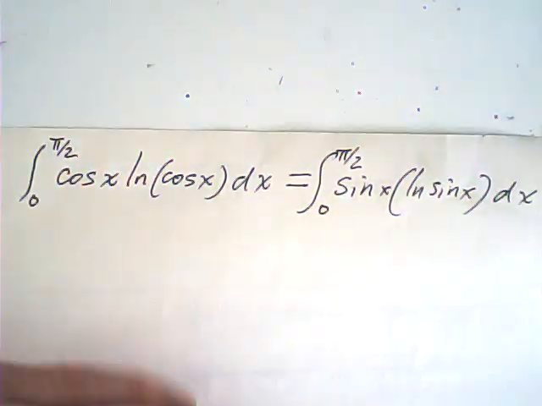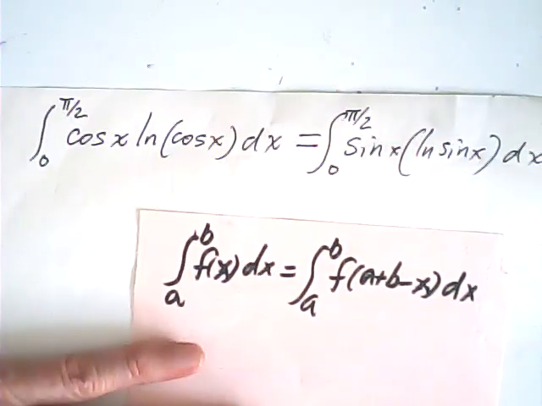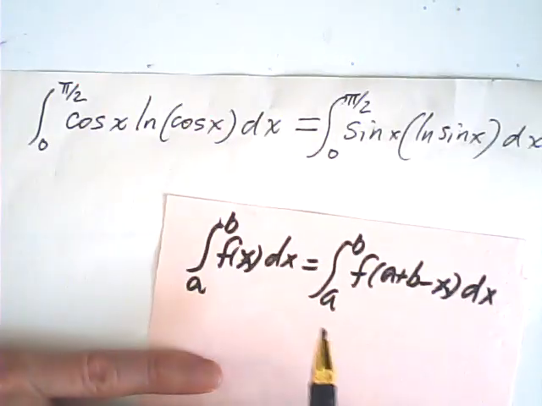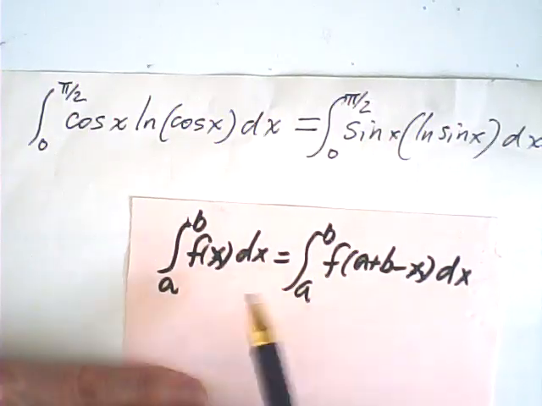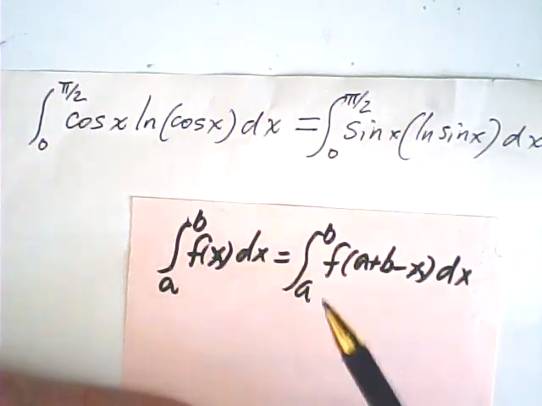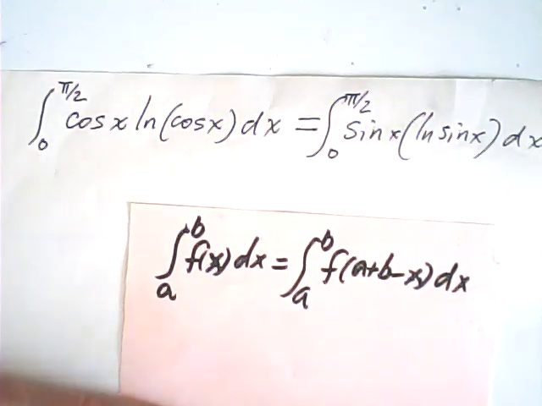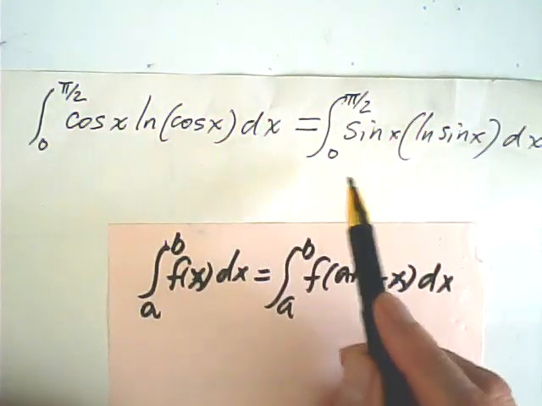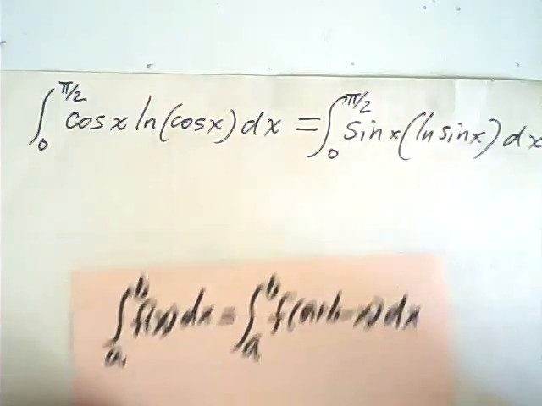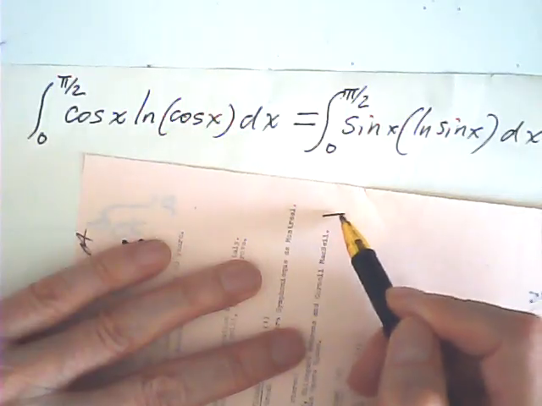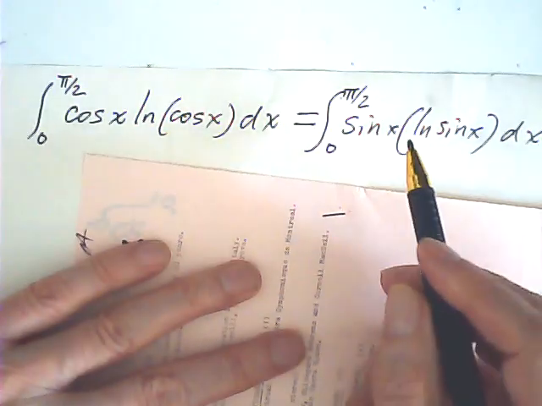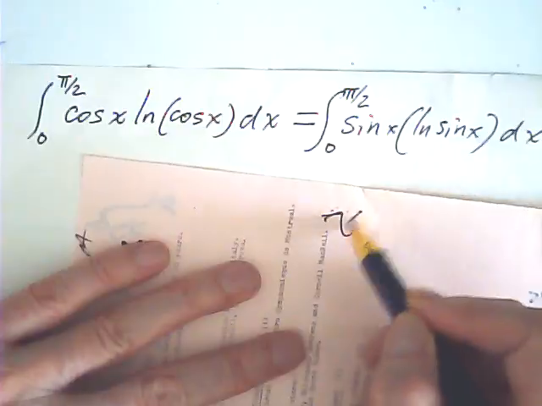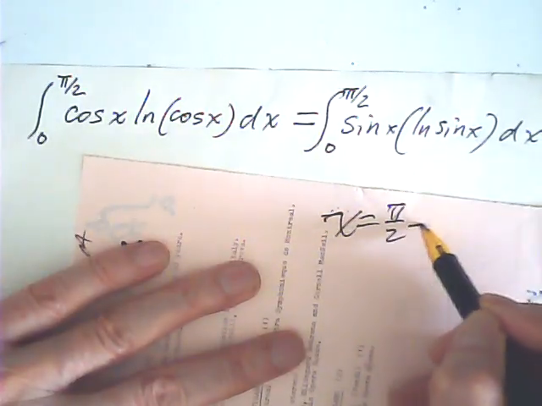Well, you can use this formula, or you use substitution. Let x be half pi minus t.